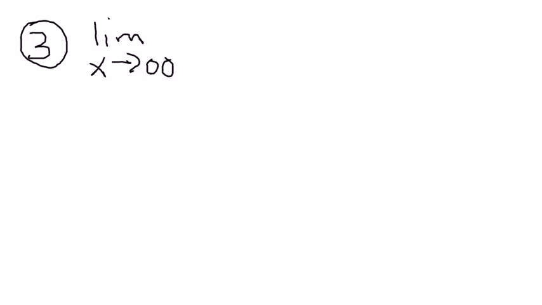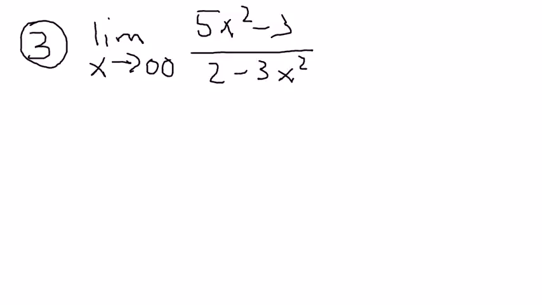Our third example is when the power of the denominator and the power of the numerator are equal to each other. When I have the limit as x approaches infinity of 5x squared minus 3 over 2 minus 3x squared, I'm going to divide everything by x squared, because that's the highest power in my denominator.